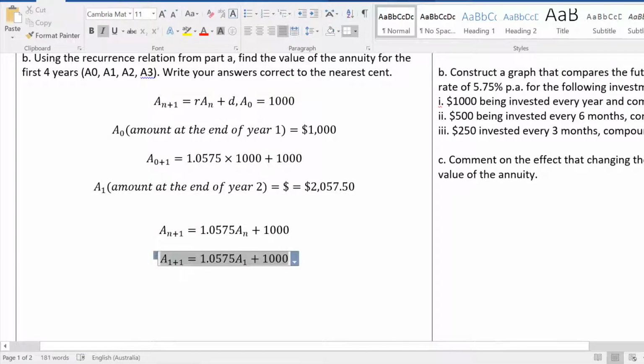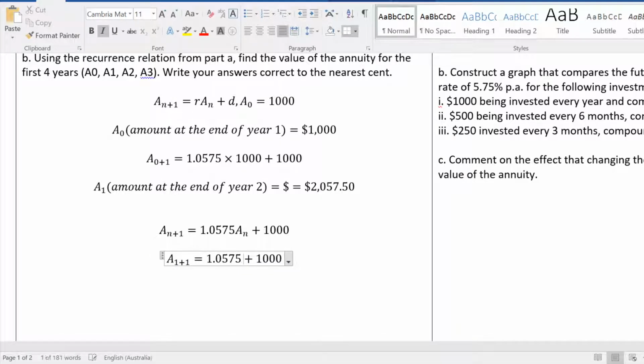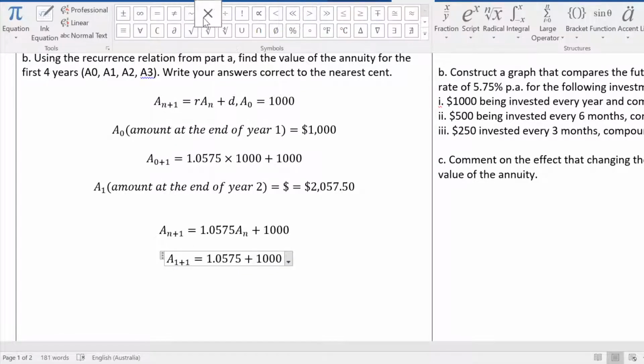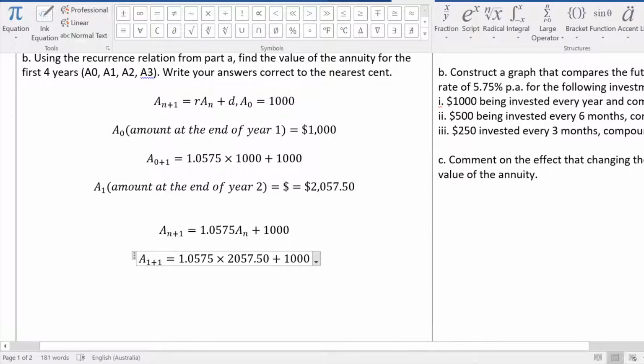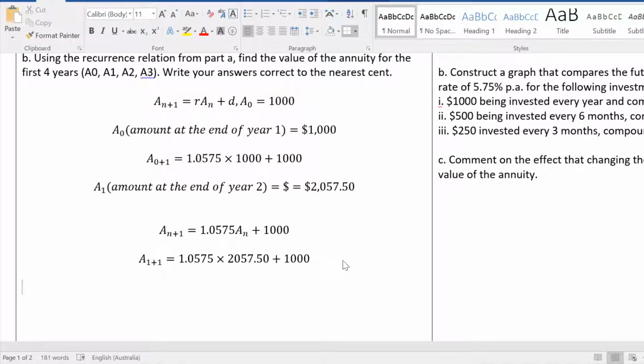So here's our recurrence relation. We've substituted the values that we know here. So this is going to be multiplying by $2,057.50. We pop this in, and this is going to give us A2.